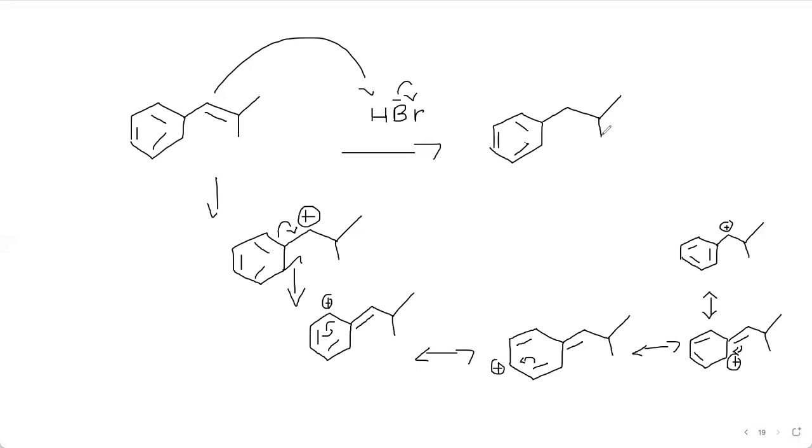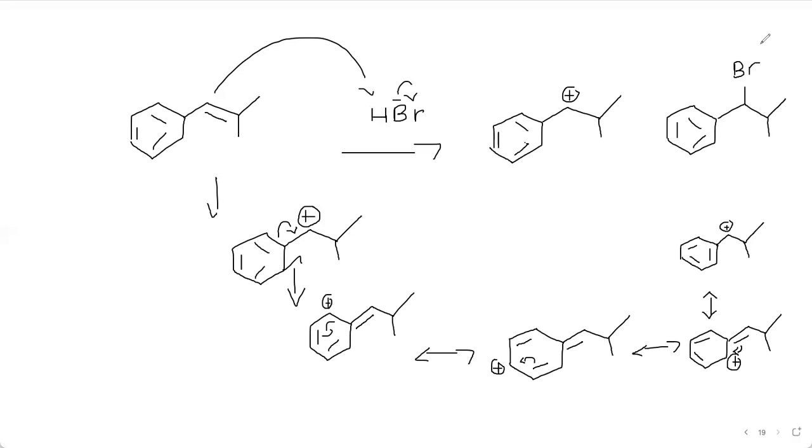And so my plus charge is going to want to be secondary benzylic, not tertiary. Believe it or not, this is more stable than that. It looks kind of weird at first, but this is more stable because it is next to a benzene ring. And then my Br is going to attack there, and so that's why my product is going to be this.